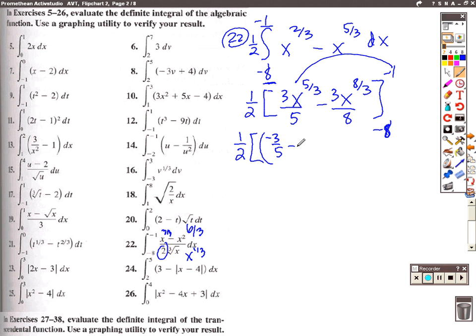minus the cube root of -1 is -1 to the 8th is +1, so that would give me 3/8 minus, here comes the lower bound, the cube root of -8 is -2 to the 5th. -2 to the 5th is -32. -32 times 3 is -96/5.